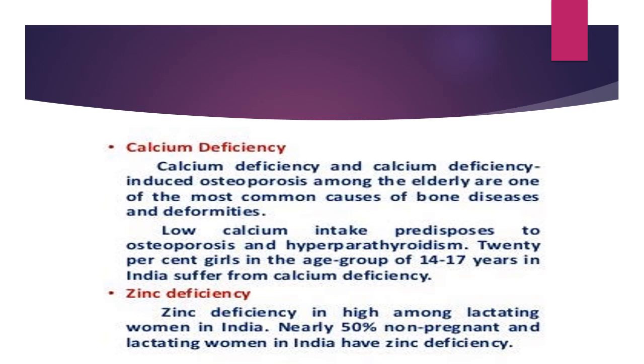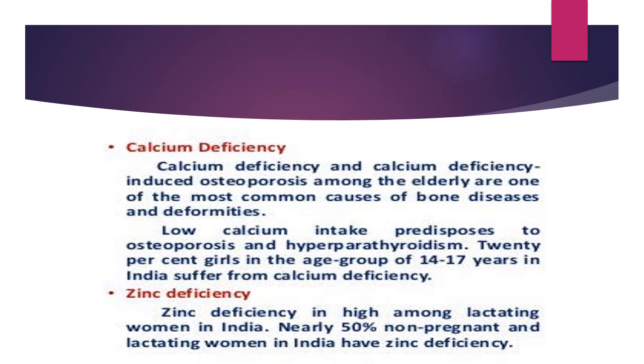If elderly people are not getting proper calcium, they will suffer with osteoporosis, that is, bone diseases and deformities. Because of low calcium intake in India, girls between the ages of 14 and 17 suffer from calcium deficiency.